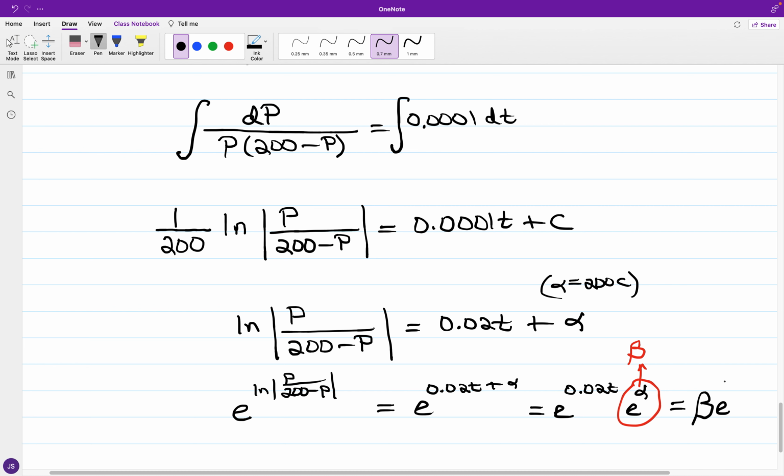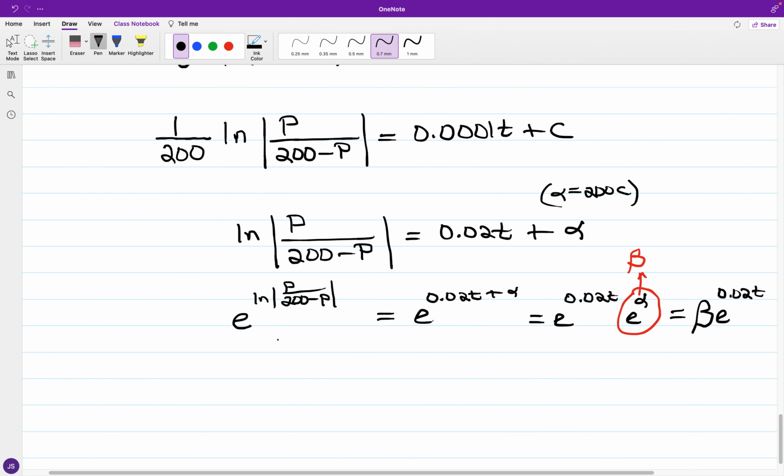So beta times e to the 0.02t. Alright, and I'm just going to go ahead and remove the absolute value notation where I have p all over 200 minus p is equal to beta times e to the 0.02t.